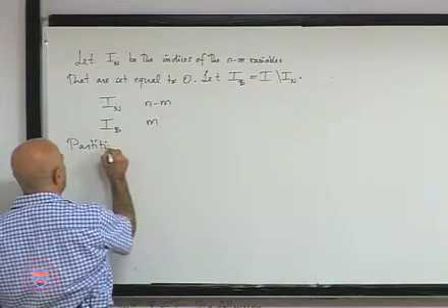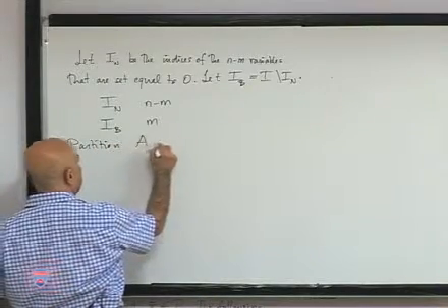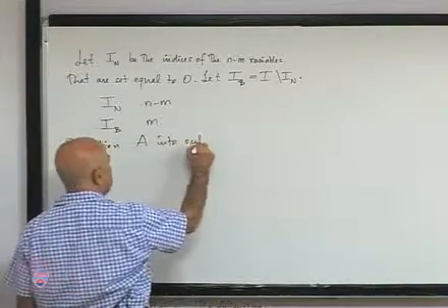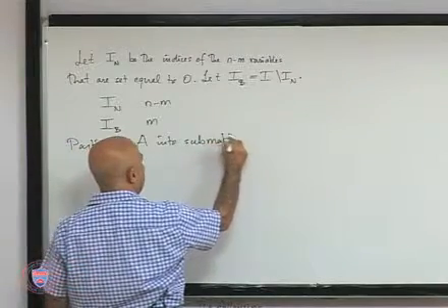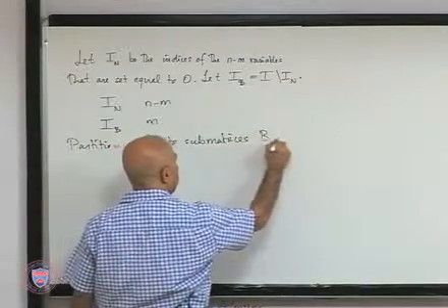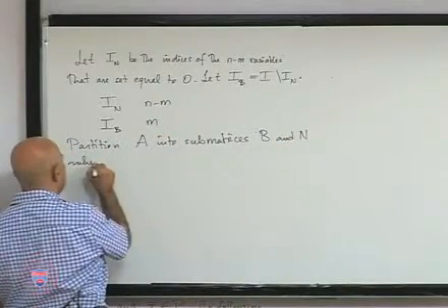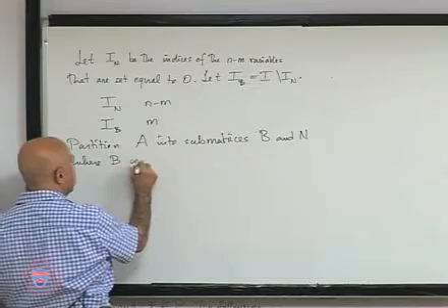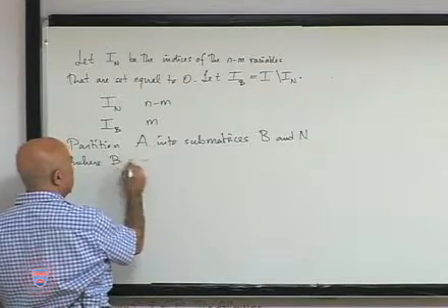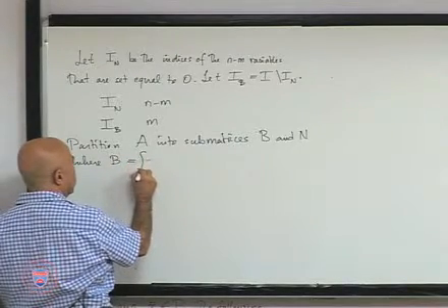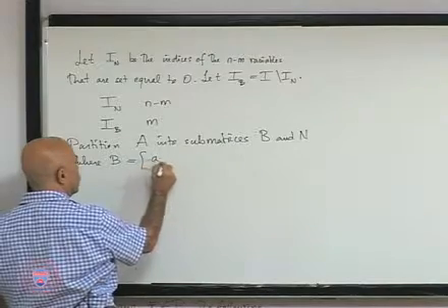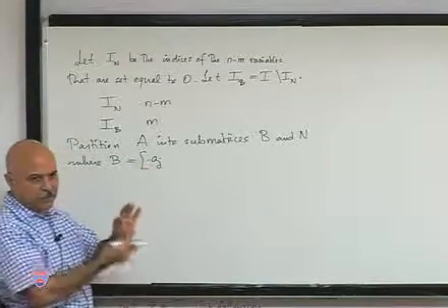Partition A into submatrices B and N, where B is the matrix consisting of those columns. Remember, A sub j is a column vector.